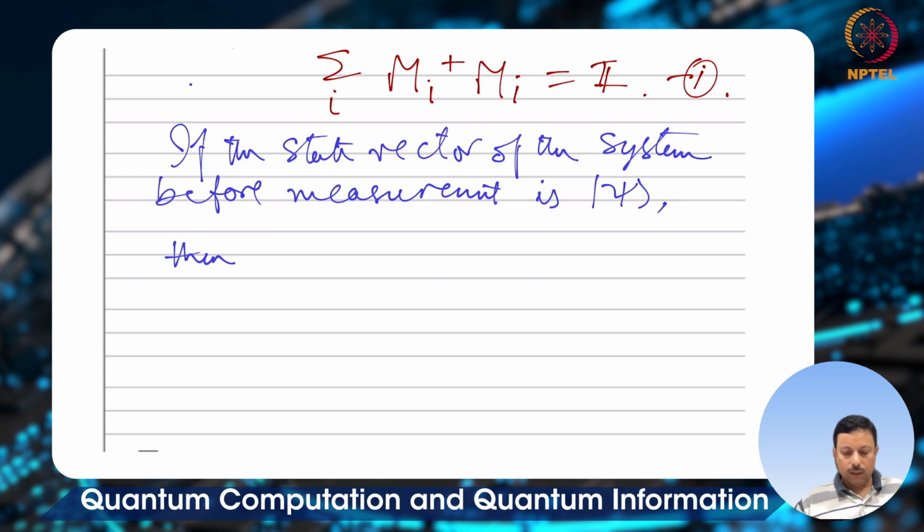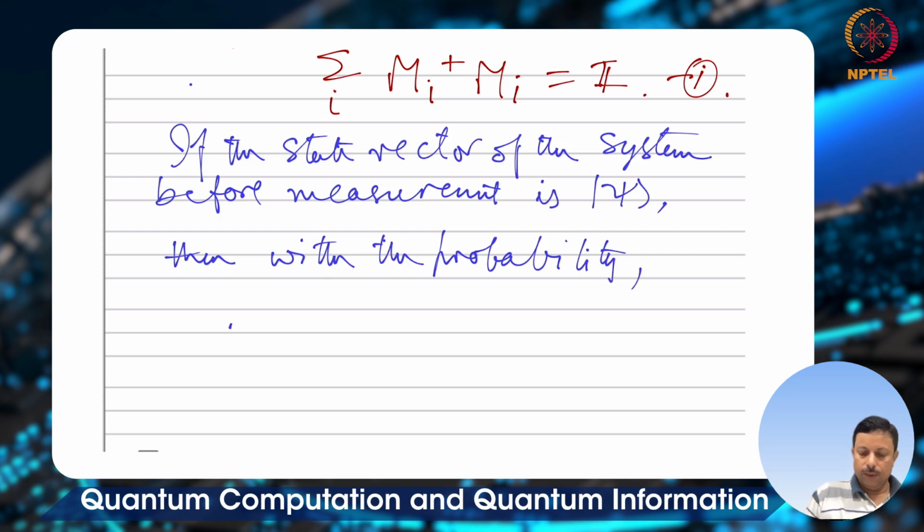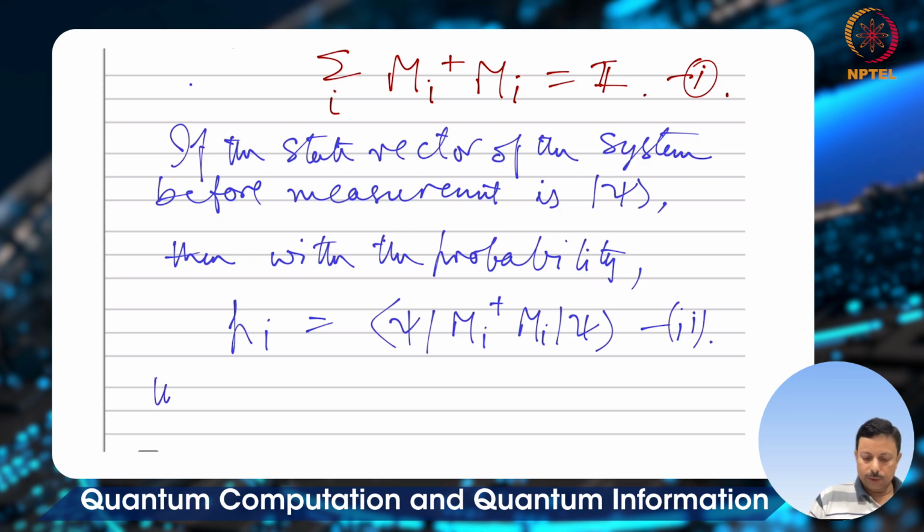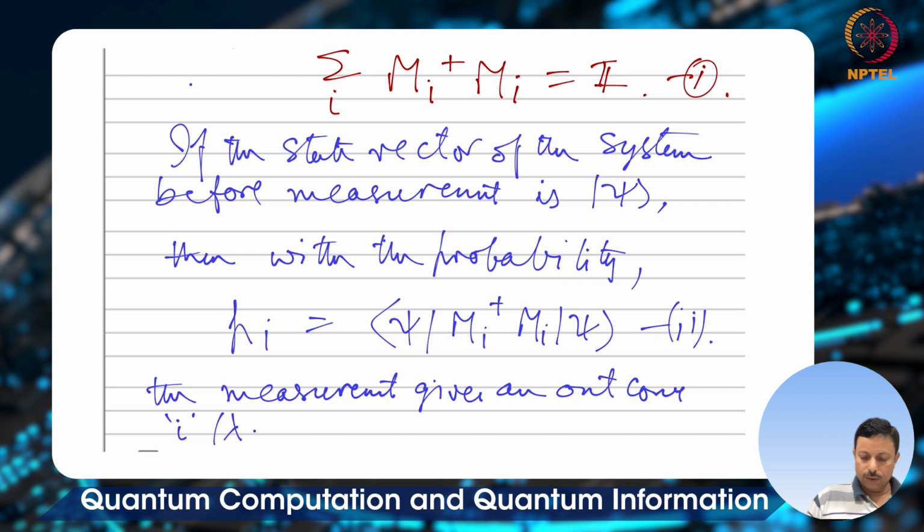Then with the probability Pi equal to psi Mi dagger Mi psi, that's equation number 2, the measurement gives an outcome i, corresponding to the eigenvalue lambda i.